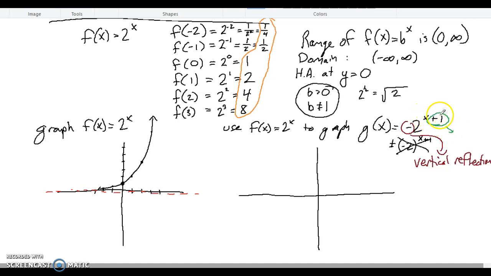If we take x plus 1, that meant we were going left 1 unit. So we're going to take this graph here, do a vertical reflection over the x-axis, and then move everything left 1. Okay, so let's get some of my tick marks in.